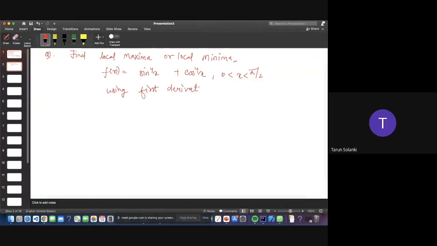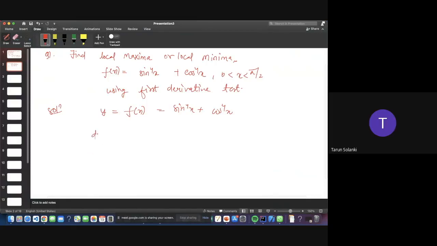So here, first we have the function y equals f(x), which is sin^4 x plus cos^4 x.